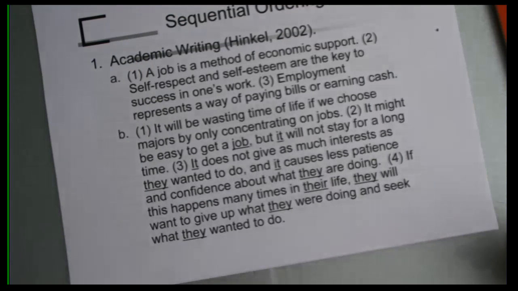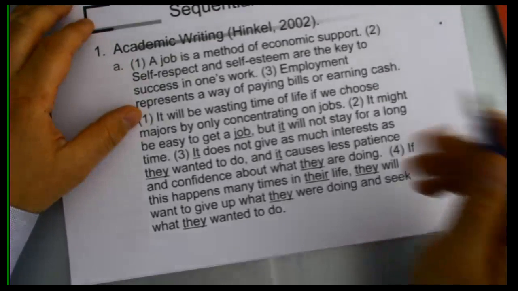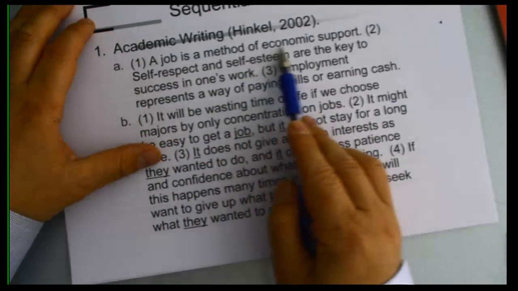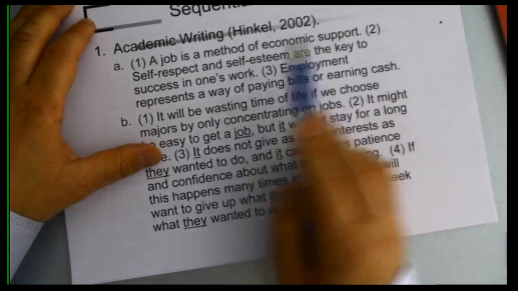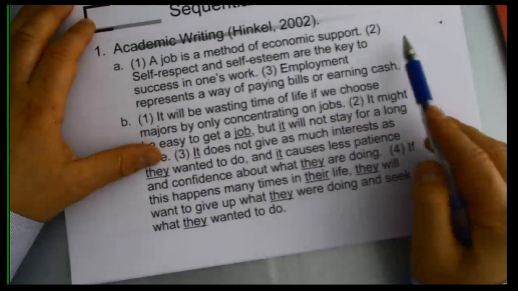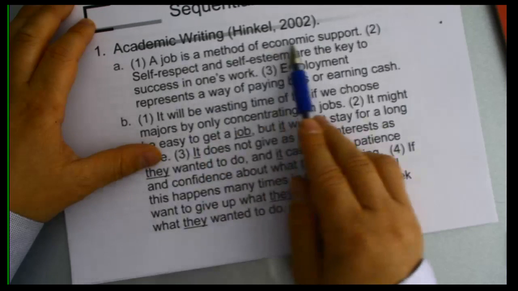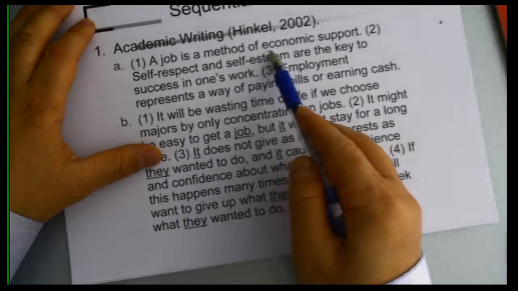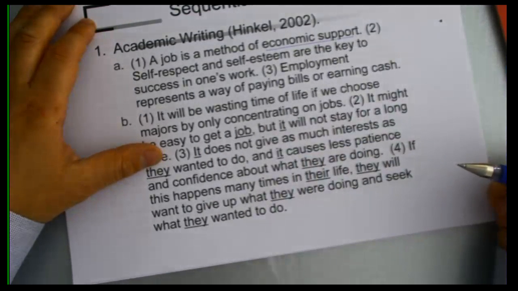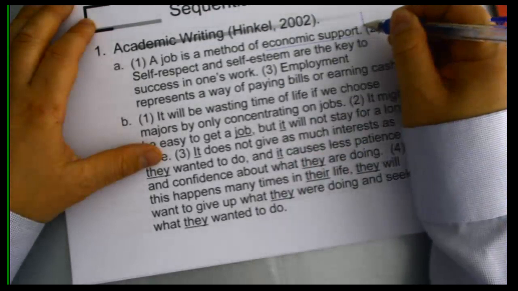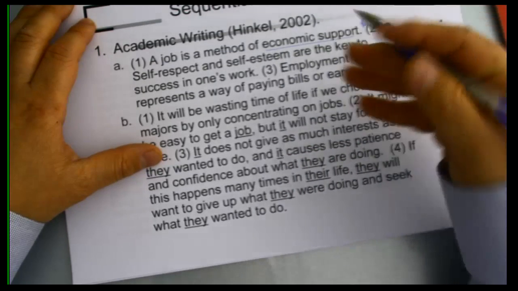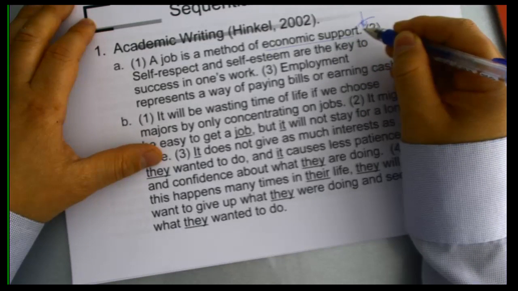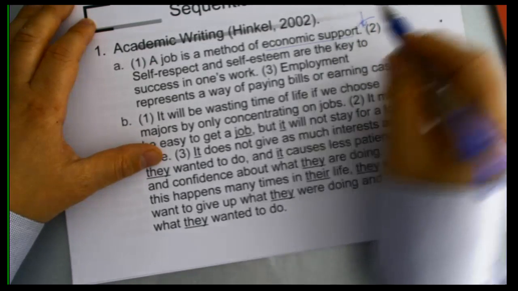Now, if you look at the first sentence, a job is a method of economic support. So this native writer talks about a job being helpful to support you financially. Then when you finish this sentence, you always have a choice. Would you want to continue this theme, or would you want to shift the topic? Let's take a look.